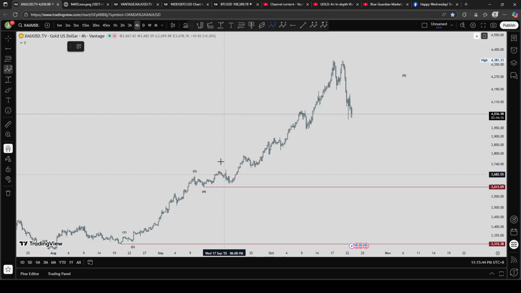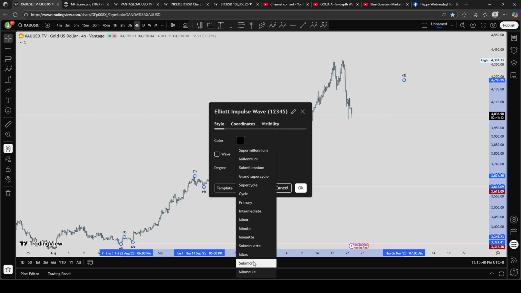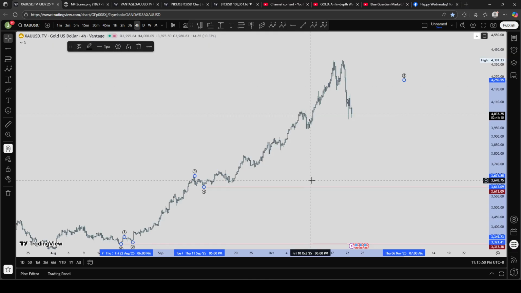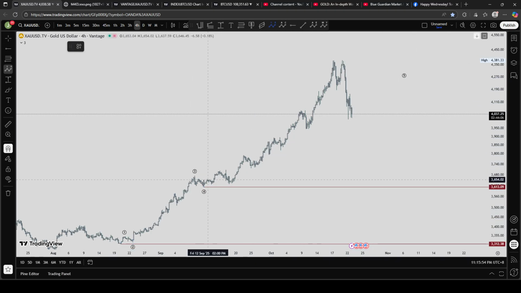So let me just change this first into a different degree, and then the fifth wave of an extension becomes the wave 1. Since the fifth wave is extended here, I will not label this yet as my fifth wave.